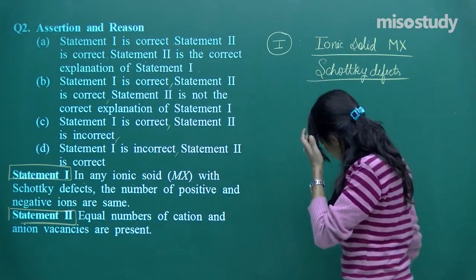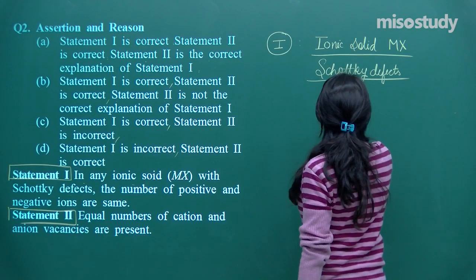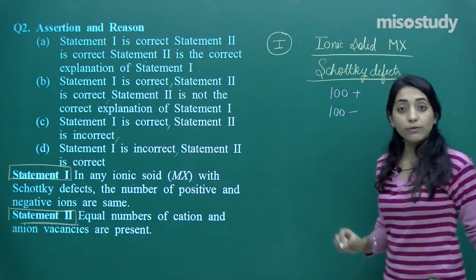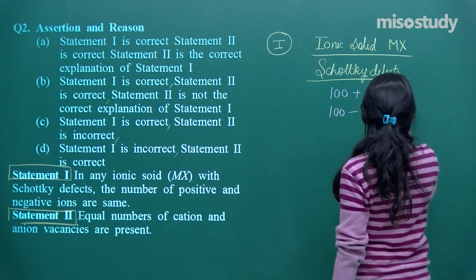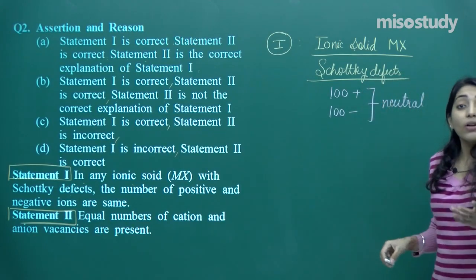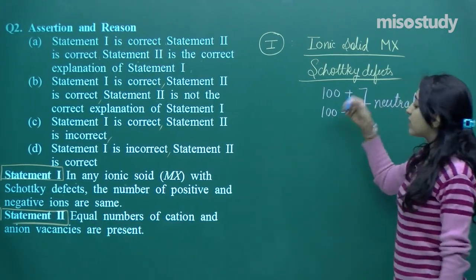Yes, that is correct. For example, if I would have started, let's say, with 100 positive charges and 100 negative charges, the overall compound would have been neutral. Am I right? Now let us say 3 positive charges are going away.